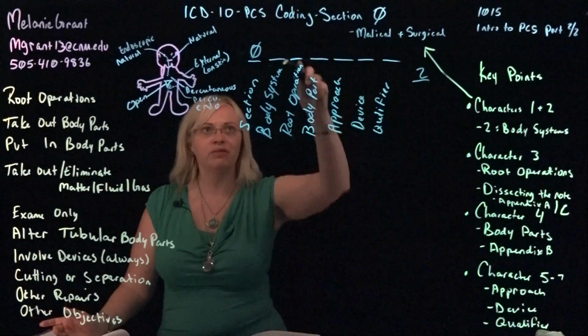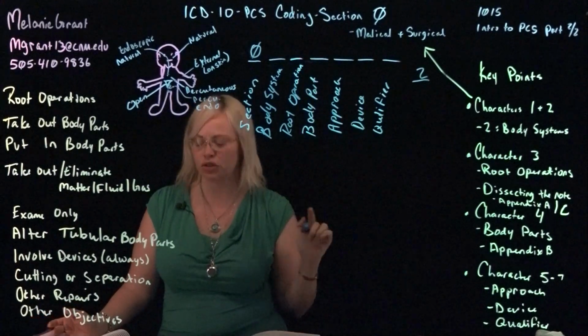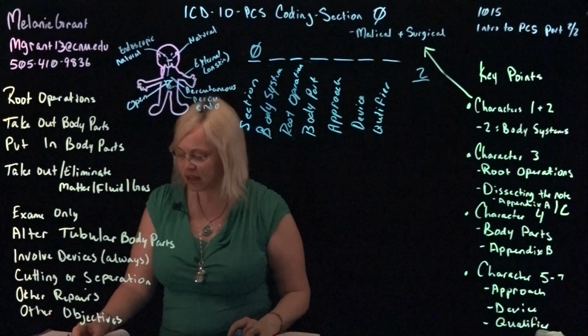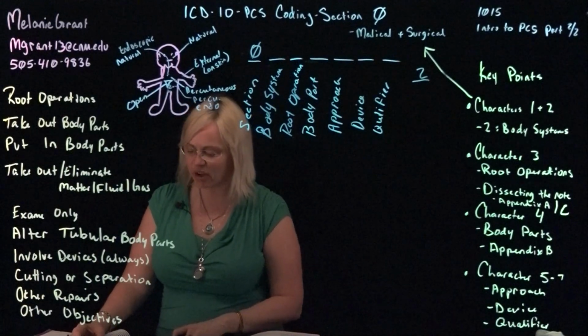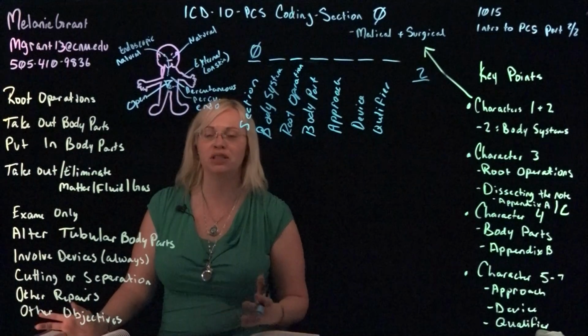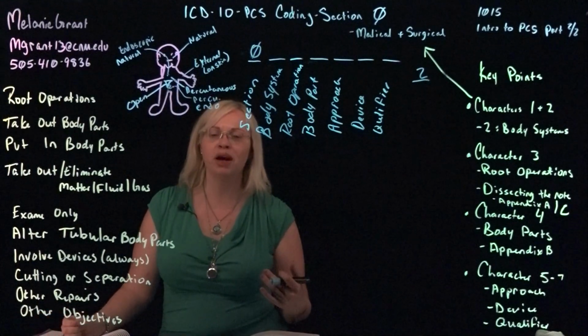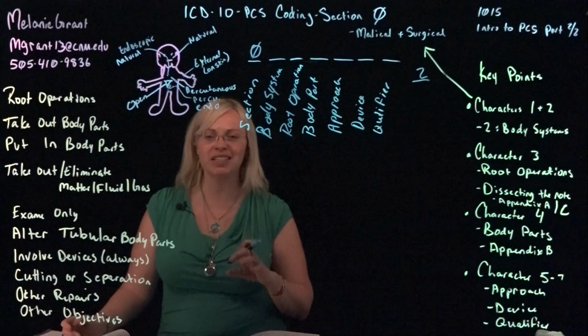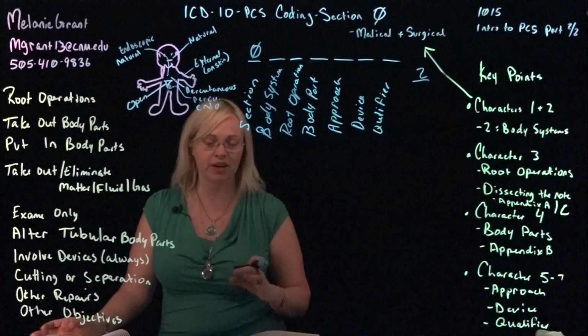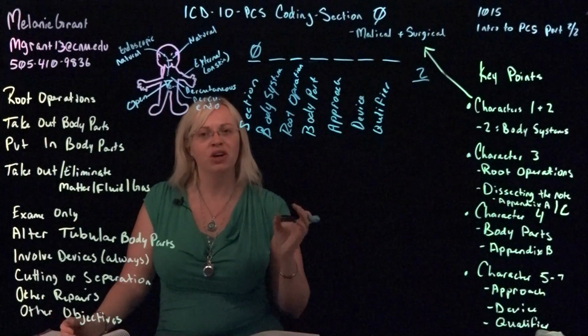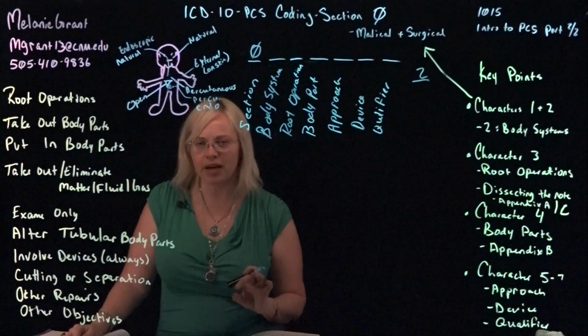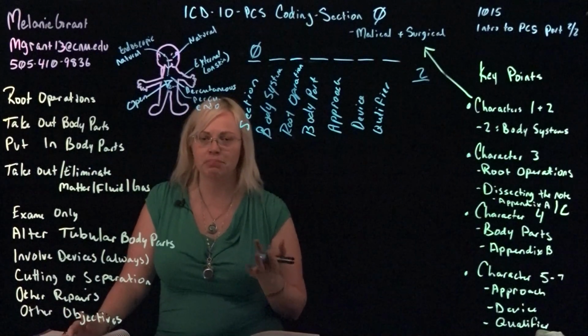These are all, again, for Section 0, medical and surgical. So let's look at this. The first one we have are root operations for procedures that take out some or all of a body part. When we talk about taking out a body part, we want to remember that we're not taking out something that shouldn't be there, such as a foreign object, and we're not talking about something that grew there that's not part of the body, such as a mass.